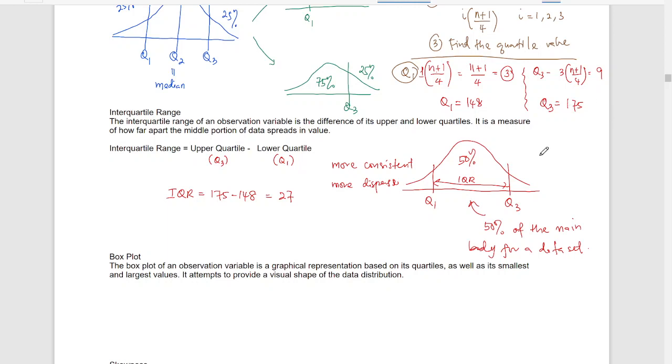And based on all this information that we have learned just now, we can construct a box-whisker plot, ataupun kita simply panggil sebagai box plot, or we can also call this a box and whisker plot ataupun diagram.